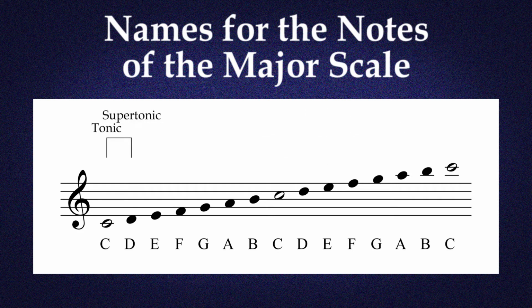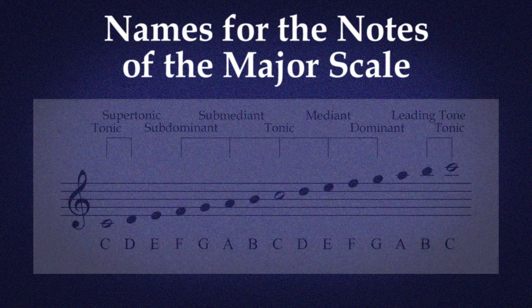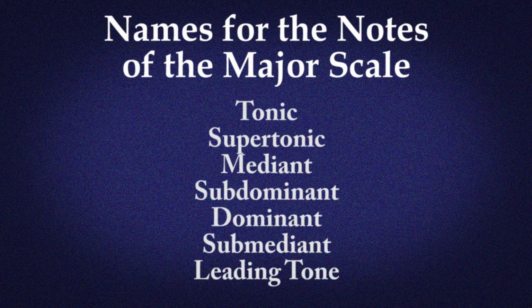The 2nd note is called the supertonic. The prefix super means above, so it's the note that's just above the tonic. And finally, the 7th note is called the leading tone. Like I said earlier, these names are not super important just yet, but they're used quite regularly when we discuss major scales throughout the study of theory, so we will definitely need to know them.